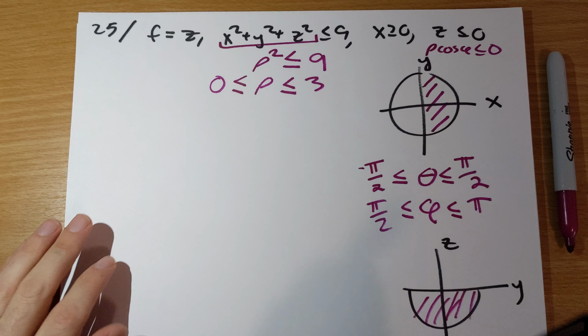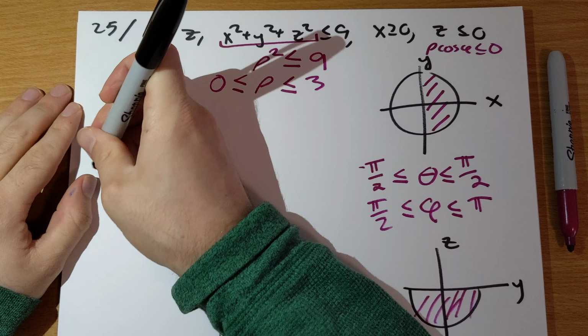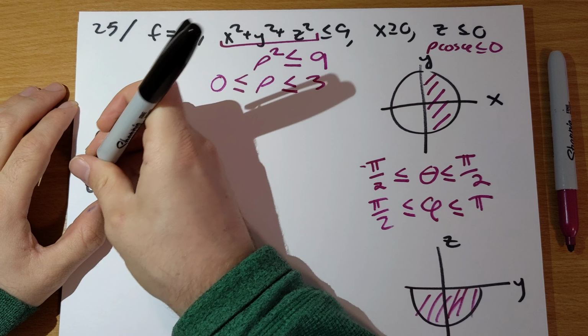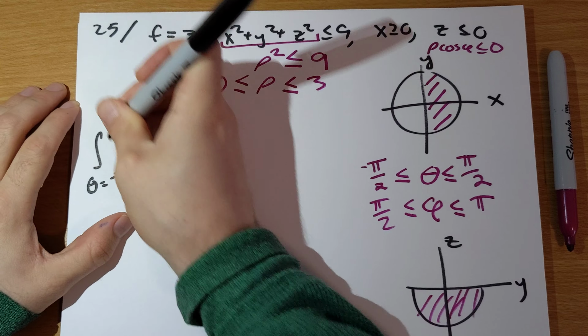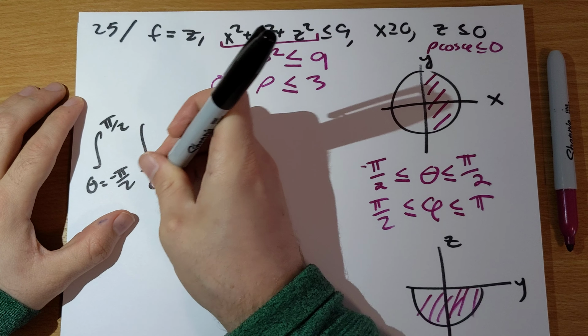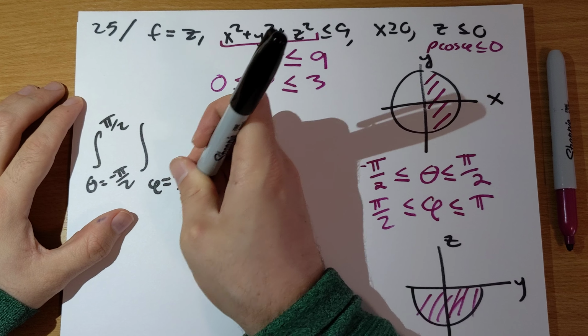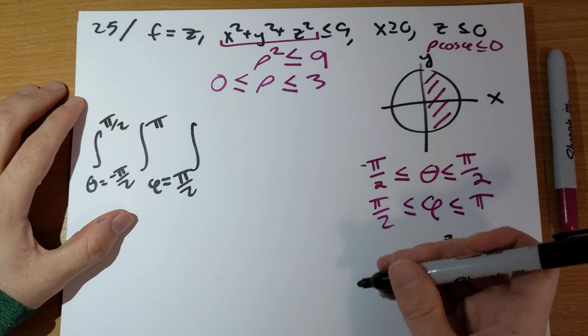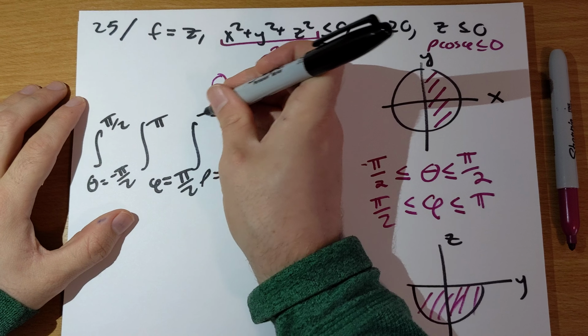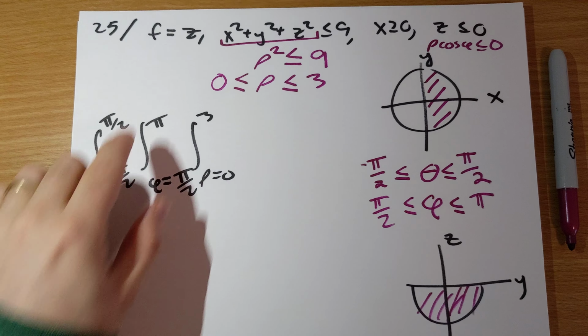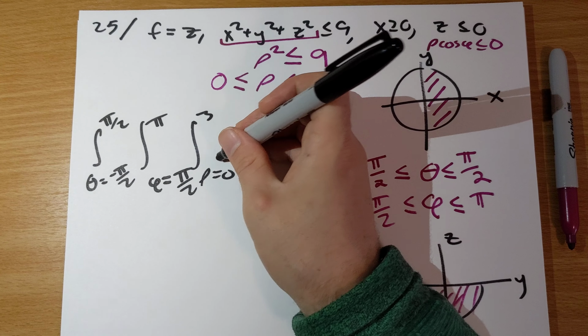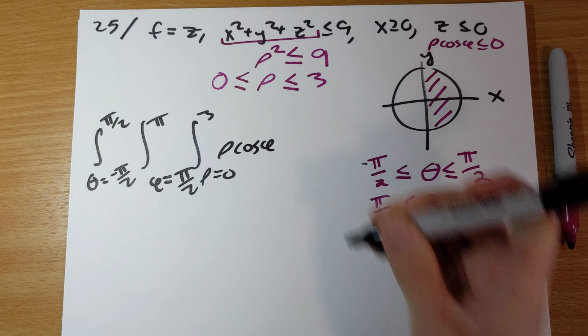Okay, so what do we have here? Theta runs from negative pi over 2 to pi over 2. Phi runs from pi over 2 to pi. And rho runs from 0 to 3. Our integrand z becomes rho cosine phi.